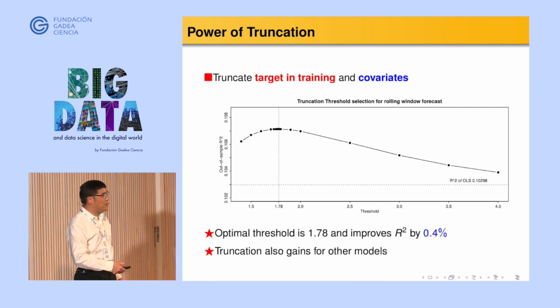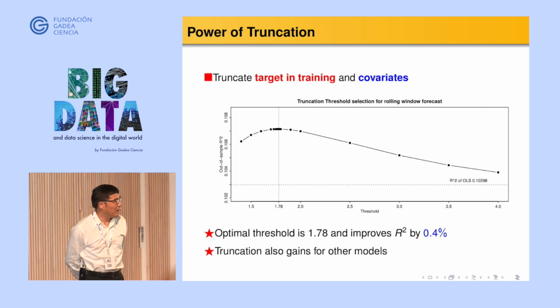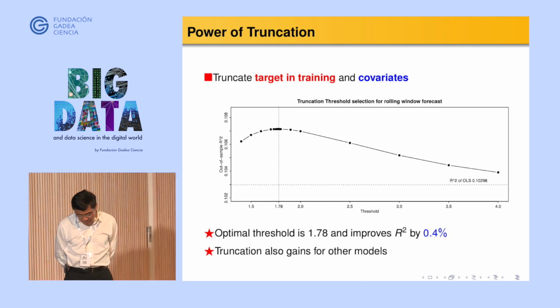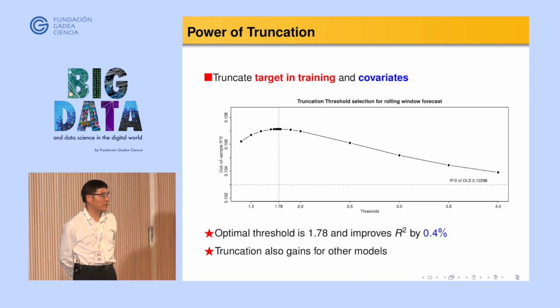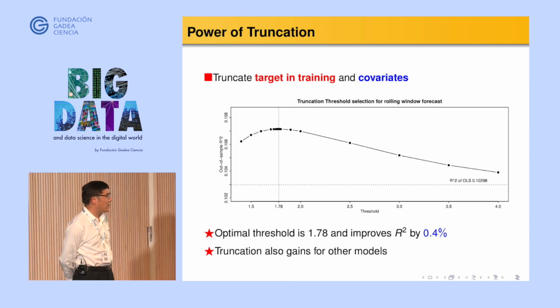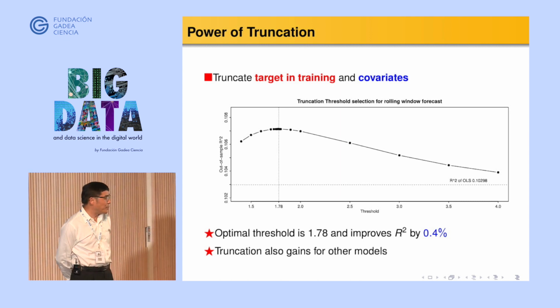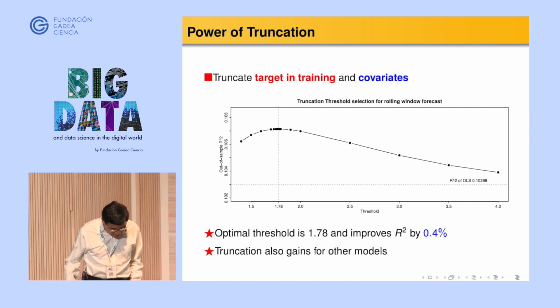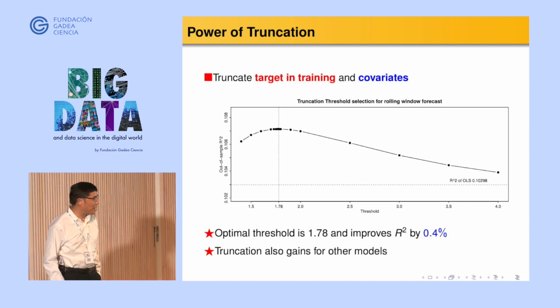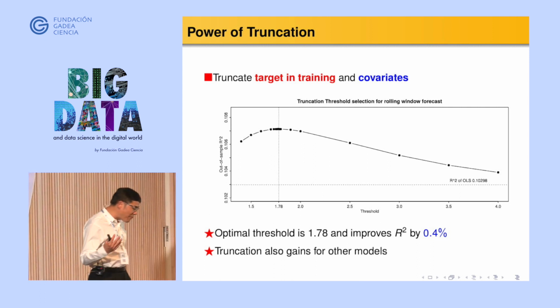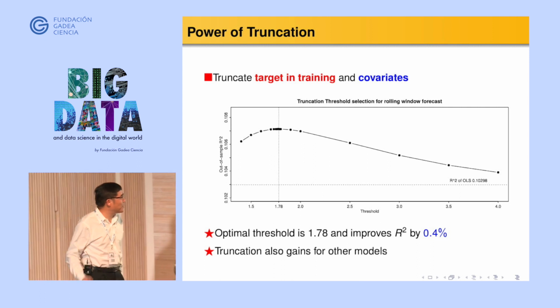So least squares gives me a benchmark out-of-sample R squared, when you combine all those signals together, of 0.1, which is pretty good, if your individual one is 0.01. So this is very good. By doing this truncation, we find the optimal location. Optimal truncation in our case is 1.78 standard deviations, and multiple R squared improved by 0.4. And so the people there are pretty happy.